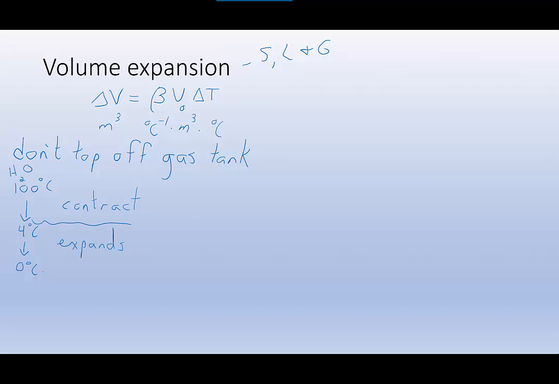So from 4 degrees to 0 degrees, our water is expanding. If it's expanding, that means that it's becoming less dense. So the 4 degree water is going to be the most dense water that we have. Cooler than that, it's going to be less dense.